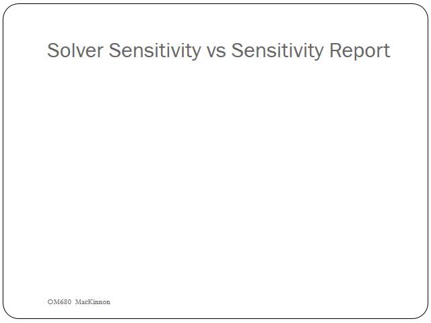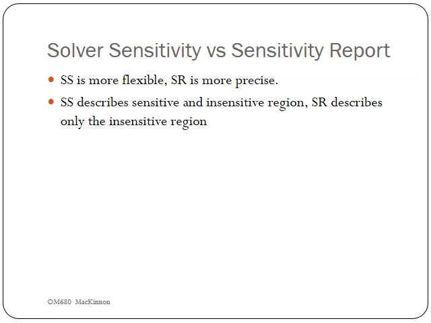Okay, so how do we compare Solver sensitivity versus the sensitivity report? Well, one thing, as I said, Solver sensitivity is more flexible. You have more ways of looking at things. The sensitivity report is more precise. Solver sensitivity describes the sensitive and insensitive region, whereas the sensitivity report only describes the insensitive region.